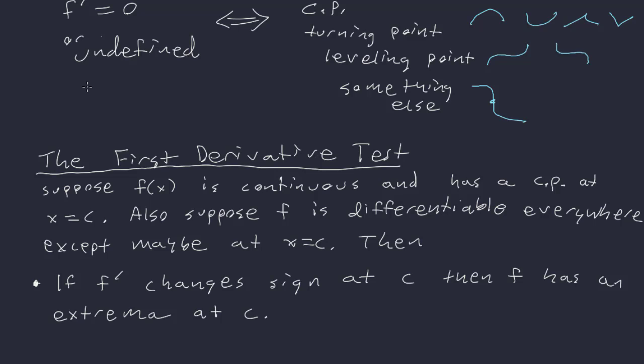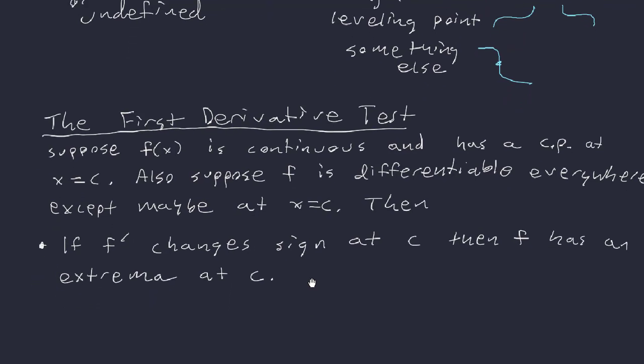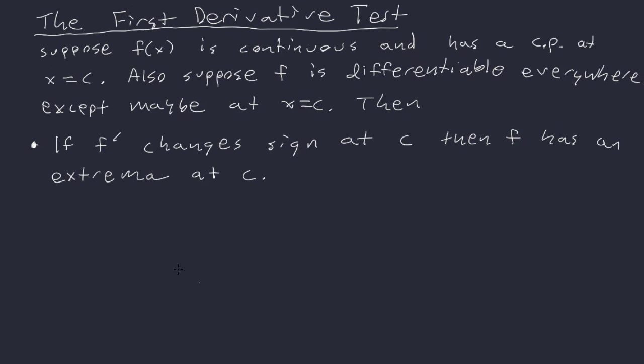Then, if f prime changes sign at c, then f has an extremum at c. So what do I mean by changes sign? Let's say here's c, and f prime goes from positive on this side to negative on the other side.